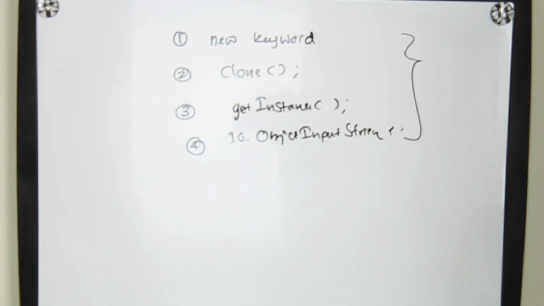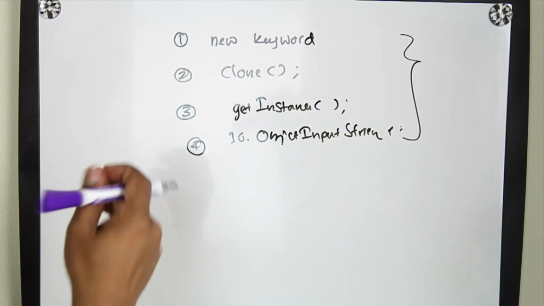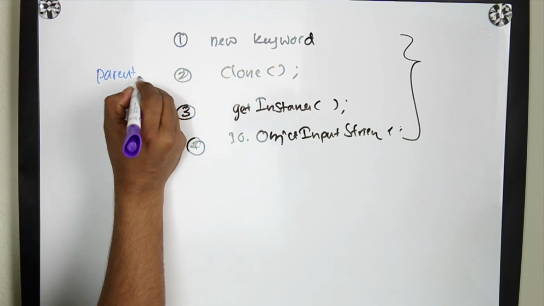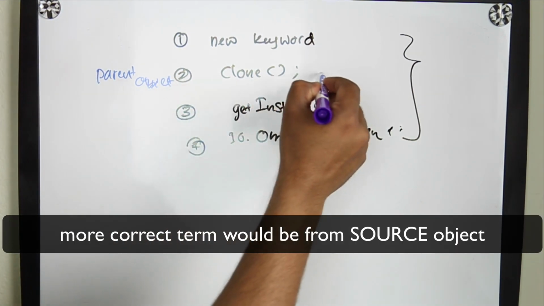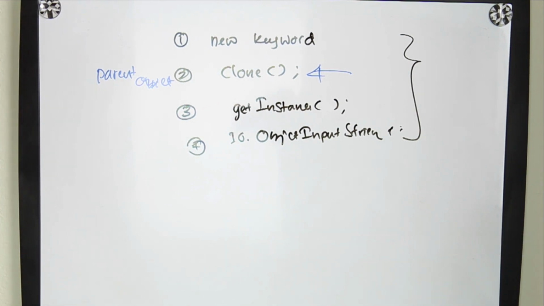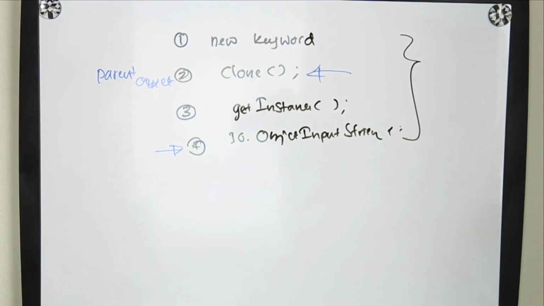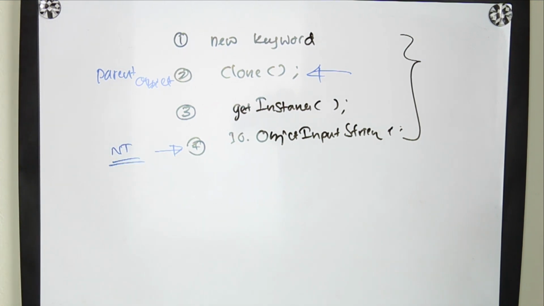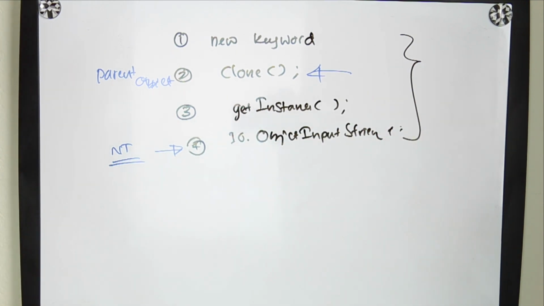For example, if you use the clone method, it will get the parent object's values to assign the initial values. But if you use the object input stream, it will assign values from the input stream for all non-transient variables.